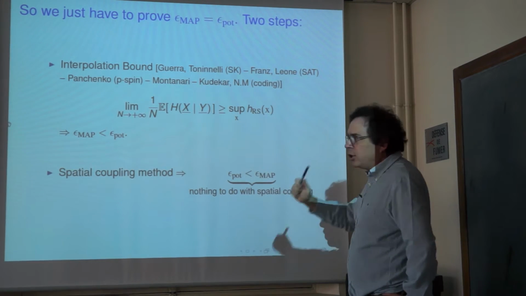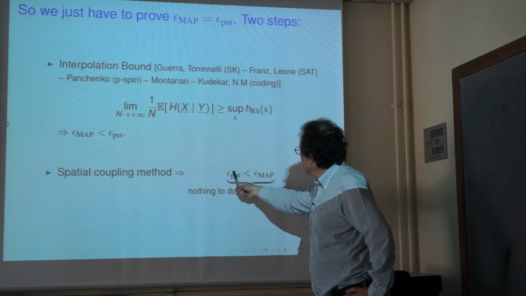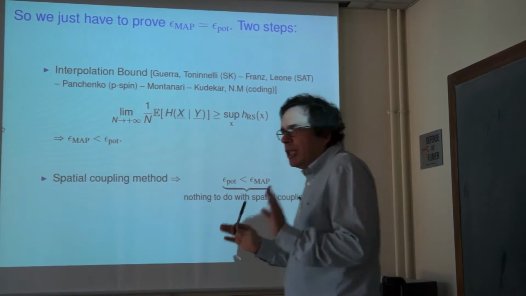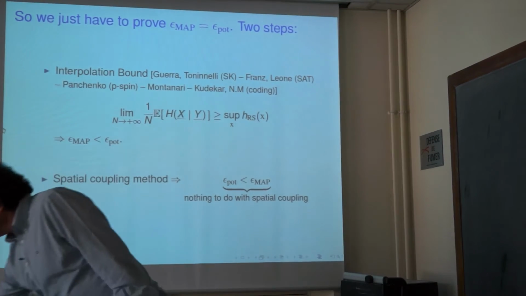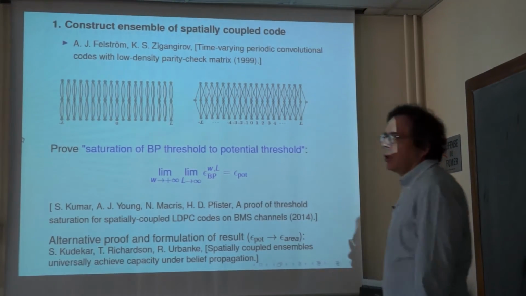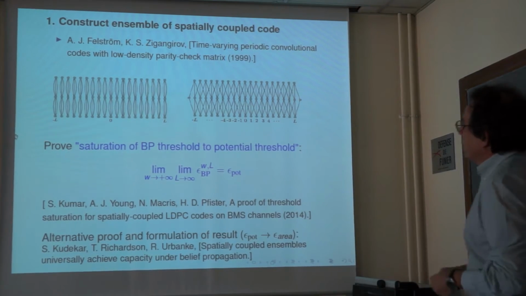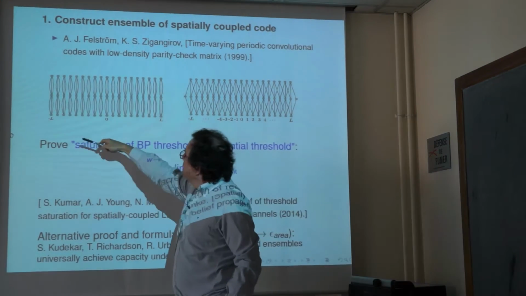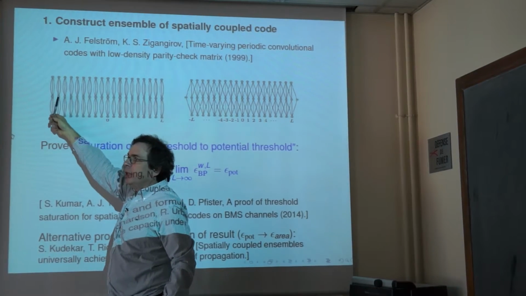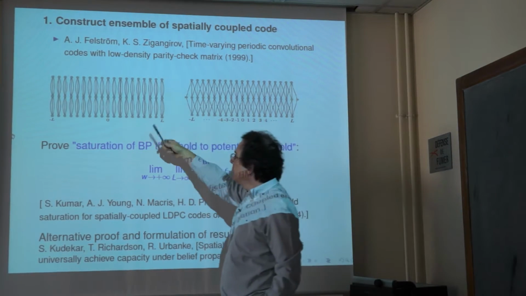Okay, so spatial coupling, I come to spatial coupling now, is useful to prove this converse inequality, which by itself has nothing to do with spatial coupling, okay? My system is just not coupled. So how are we going to do that? I just show the main steps of the strategy. So we take the LDPC base ensemble, and we construct a spatially coupled ensemble, okay?